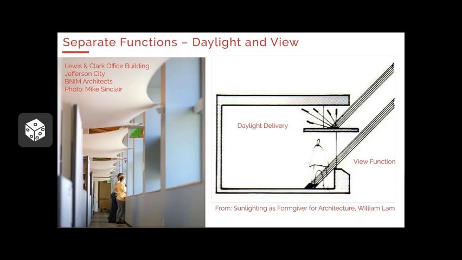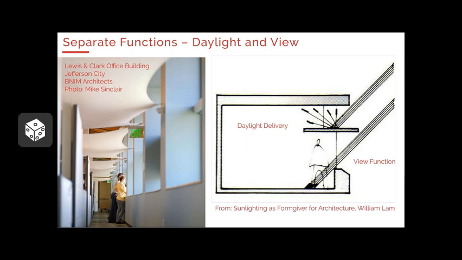And we definitely have different types of delivery systems. In this particular chart, you can see the daylight delivery system hitting a light shelf and redirecting the daylight back up into the ceiling.